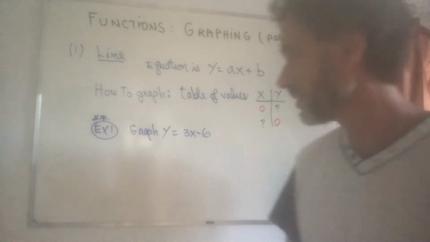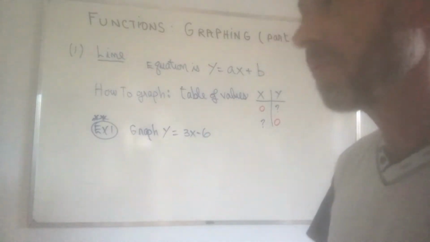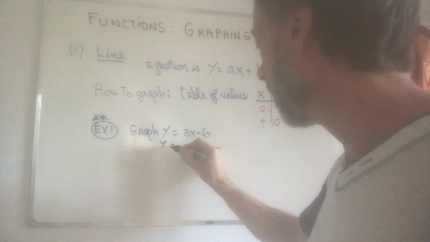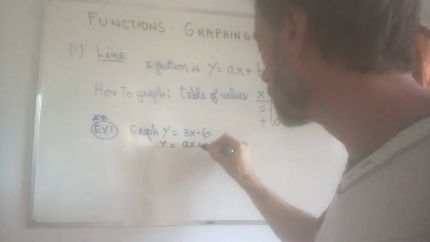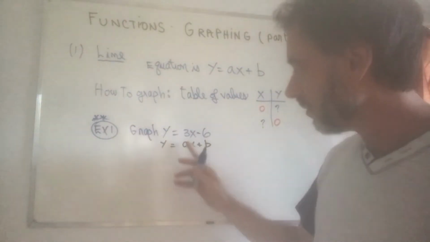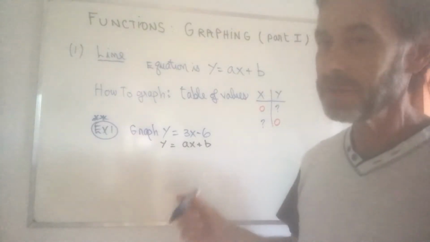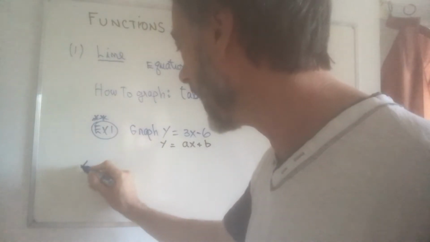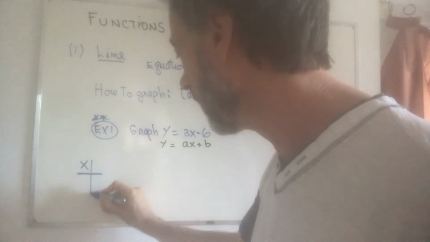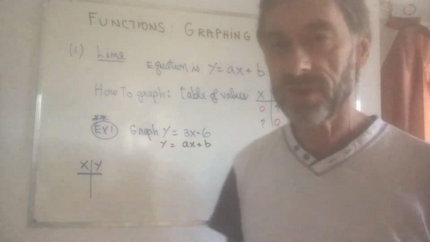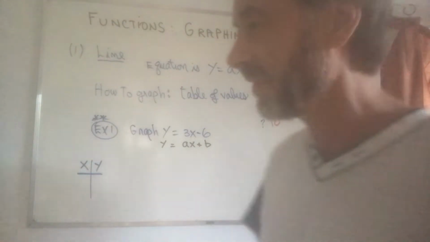So 3x minus 6 is of the shape y equals ax plus b. So you can see here that the slope of this line is 3 and that the y-intercept of this line is minus 6. That is all very good, but not so very useful when it comes to time to graph the line. So let's graph the line.